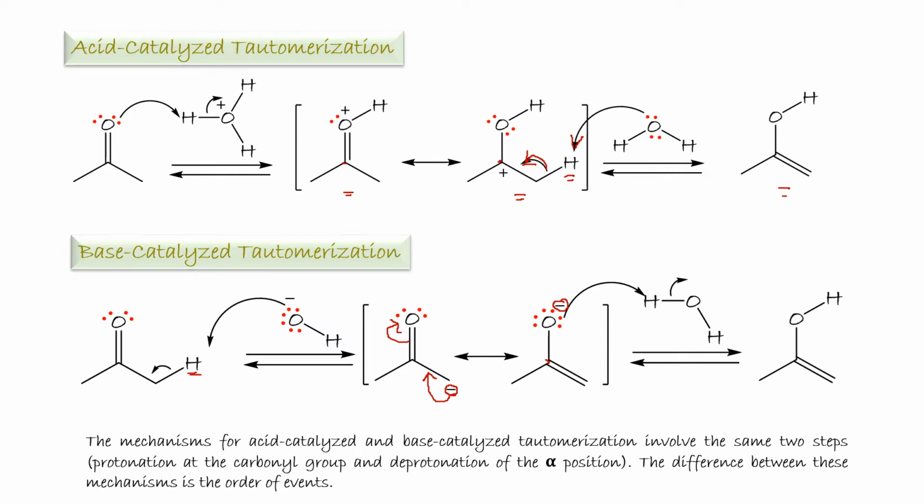Then the oxygen will act here as a base and get this proton from water to form the enol form. So the first step in acid is protonation, then deprotonation. The second step, in basic media, is deprotonation followed by protonation. So they are the same but in reverse order.